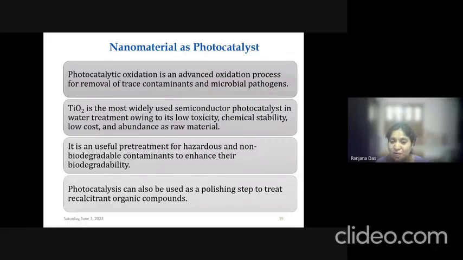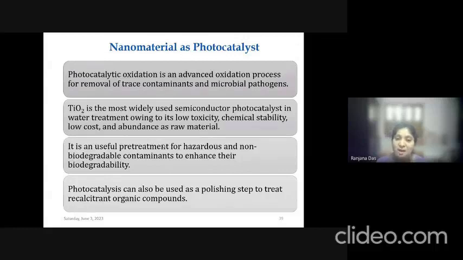And obviously the photocatalyst, we have discussed TiO2 as a photocatalyst. Nanomaterial photocatalysts are very, very important. Their application is mostly for the removal of persistent organic chemicals and as a final polishing stage of the water, where sometimes we need to remove pathogens.